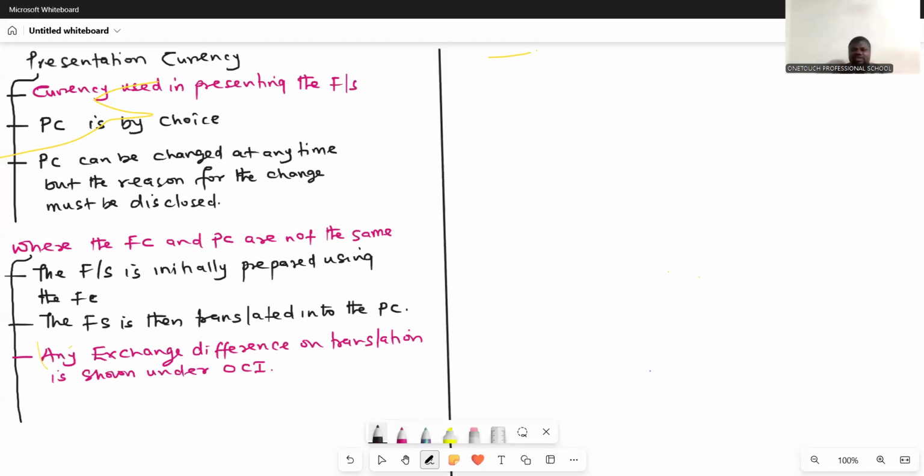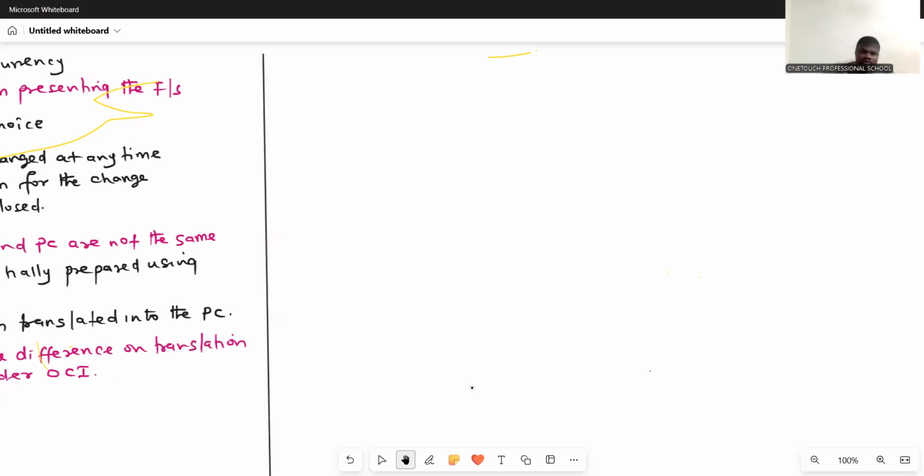We want to translate or convert currencies.